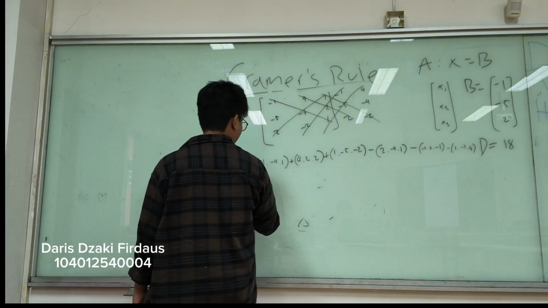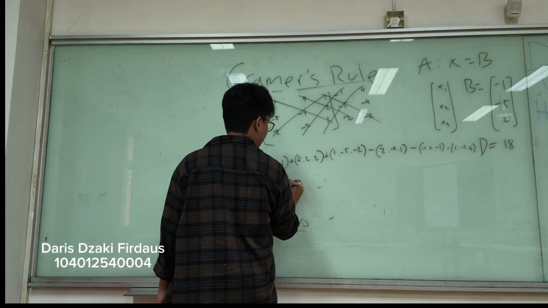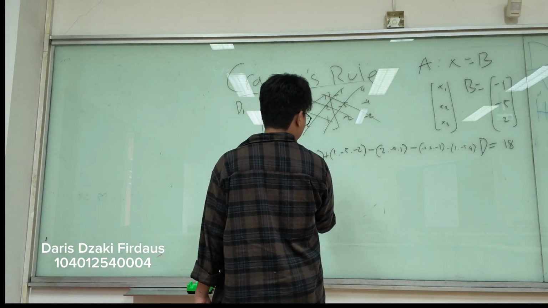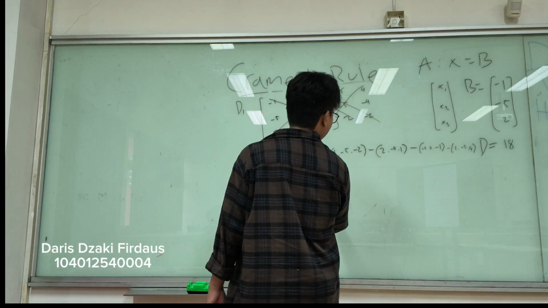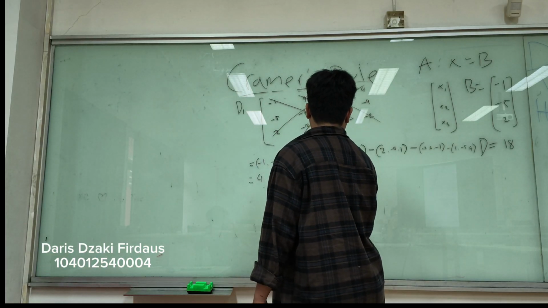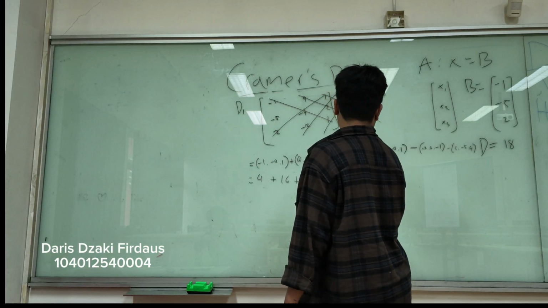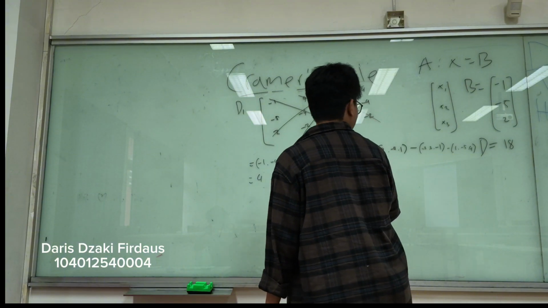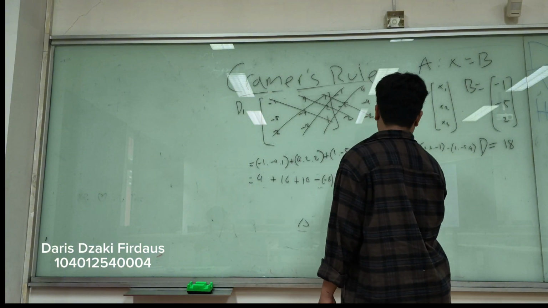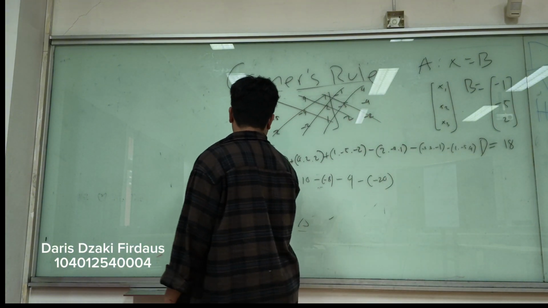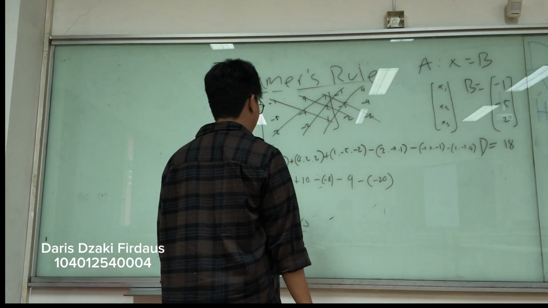Then we get 4 plus by 16 plus 10, minus 8, minus 4 and minus 20.